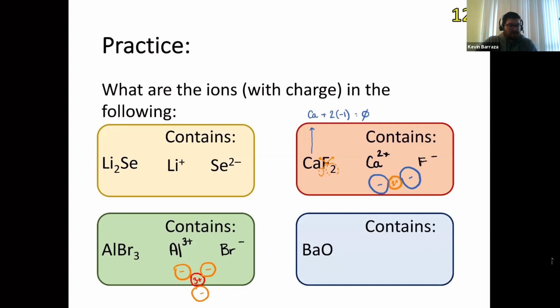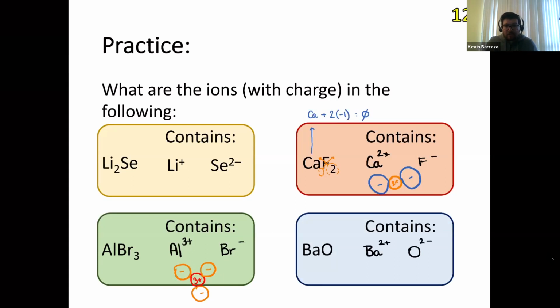And now what about the last one? What are the ions in BaO? This is going to be the Ba2+ and the O2-.